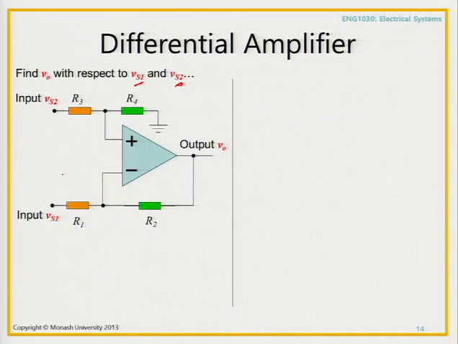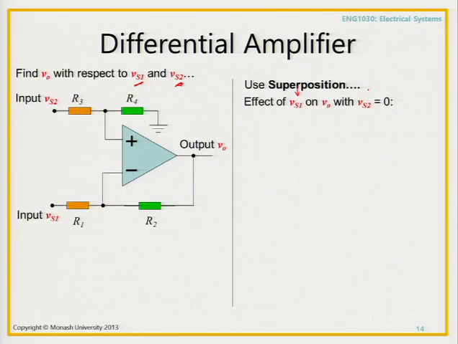Hopefully you would have come across that. So we can use this principle of superposition to figure out the output. Firstly, we look at the effect of VS1 on the output when there's no signal on VS2.